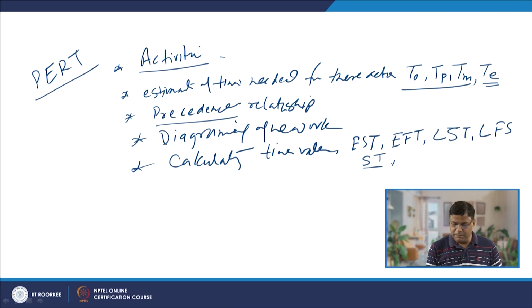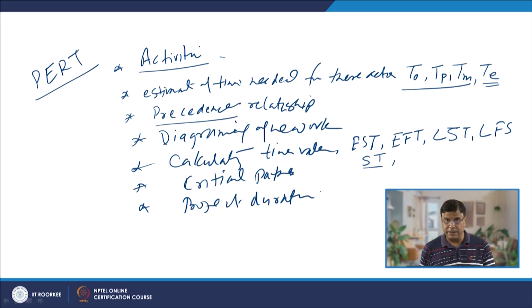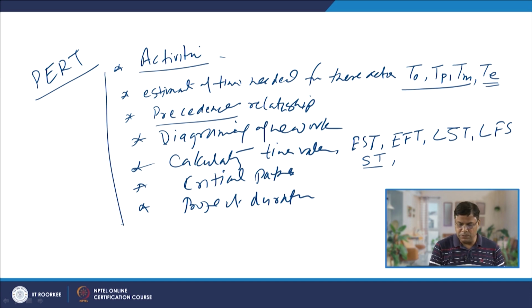Based on this we will identify the critical path, and this critical path gives us the project duration, the time a project will take to complete. Then there are various techniques to identify the probability of completing the project in a particular time. So, this is how the network is developed.